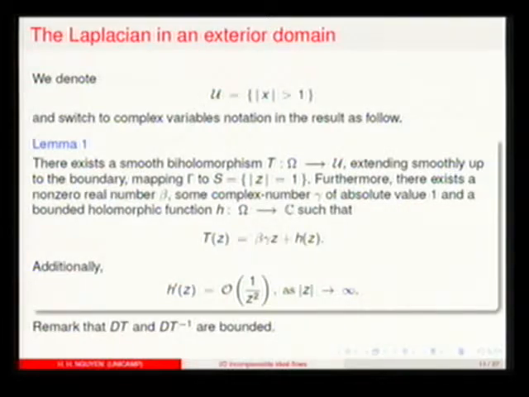We can show there is a smooth biholomorphism T from the exterior of the obstacle to the exterior of the unit disk, extending smoothly from the smooth boundary of omega to the circle. And we can write the explicit formula for T like this.